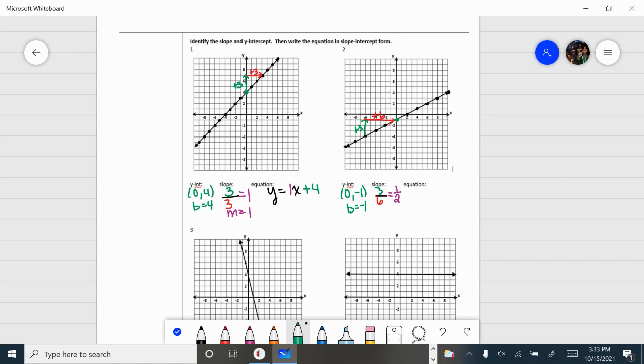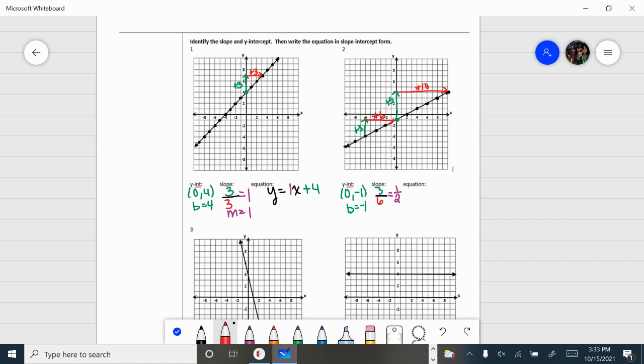If I had chosen to go from my y-intercept up to the point at (10, 4), I would go up, sorry, up 5. Excuse me, I was not looking at the right place. And then right 10.